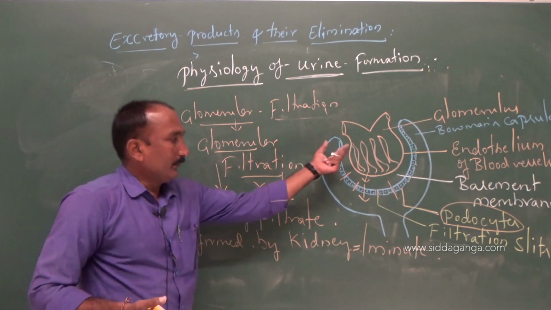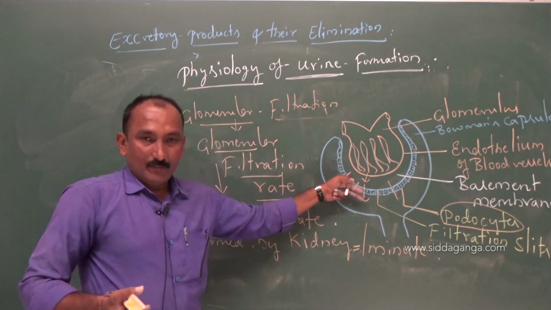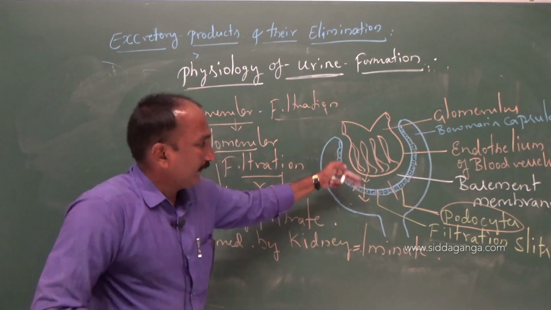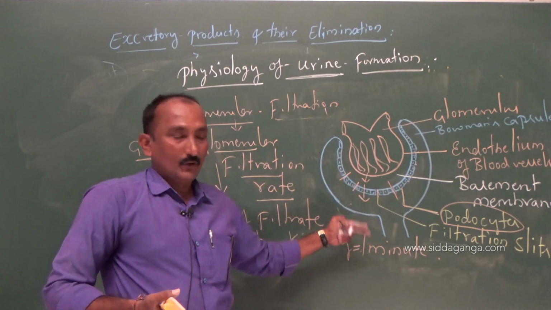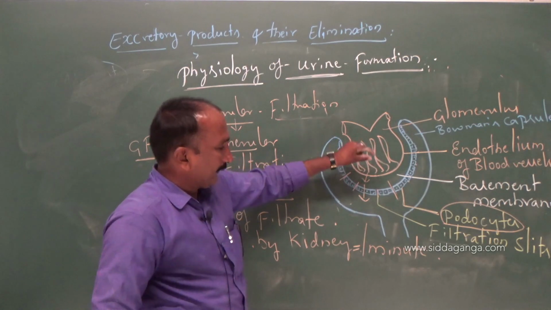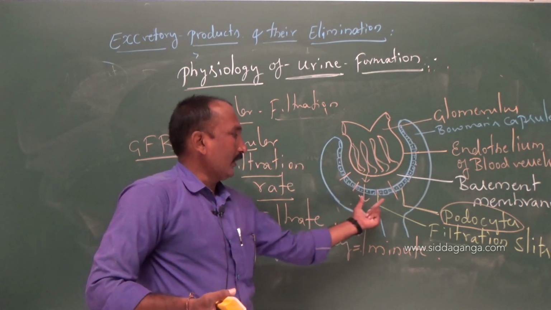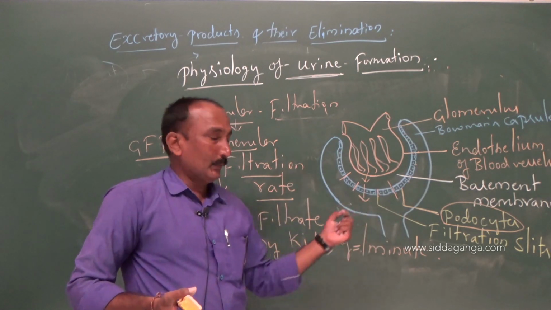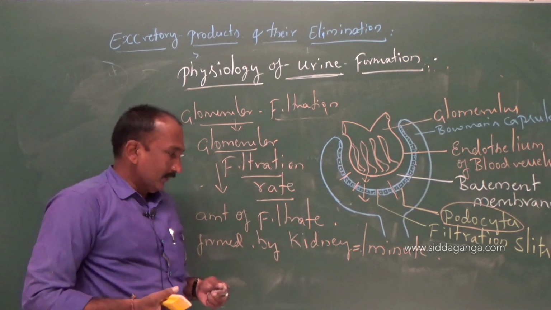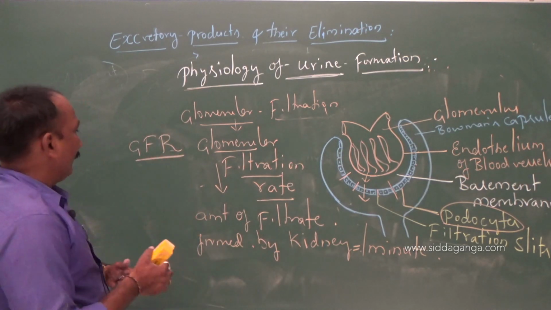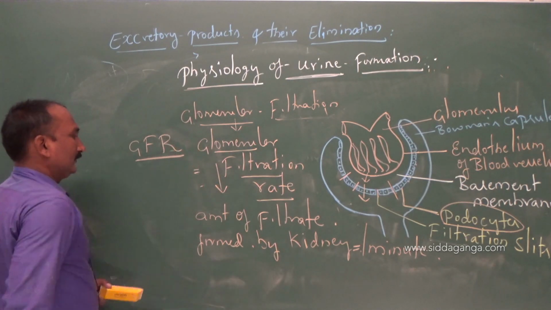Of course, within the glomerulus and also the layer of the Bowman's capsule, the blood will be filtered so finely. So, whatever the amount of filtrate formed by the kidney per minute is known as the glomerular filtration rate. In a normal healthy person, the glomerular filtration rate is about how much?